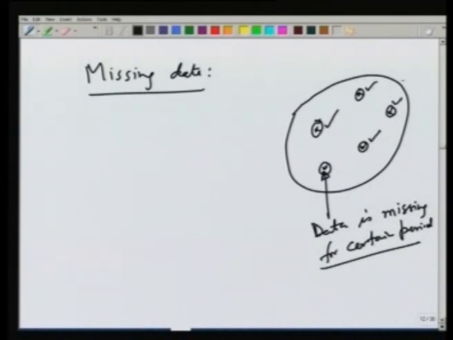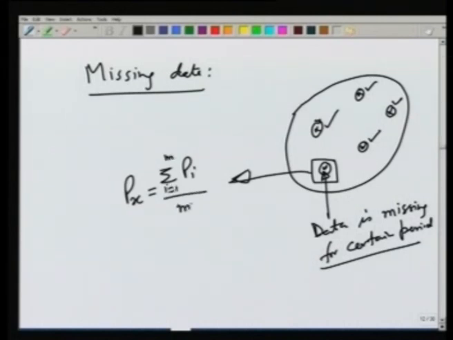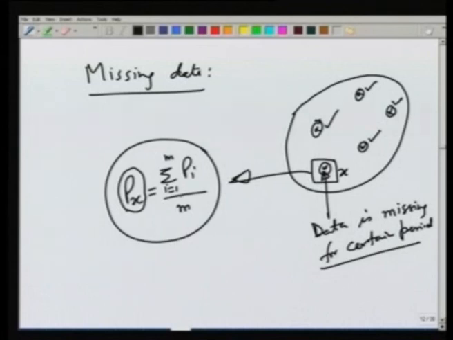Then the equation which we can use to estimate the missing data here is P x equals the summation of P i, going from 1 to m, over m. This is the station x at which the data is missing. So, the precipitation at x can be taken as the mean of the precipitation at all the surrounding or nearby gauges.